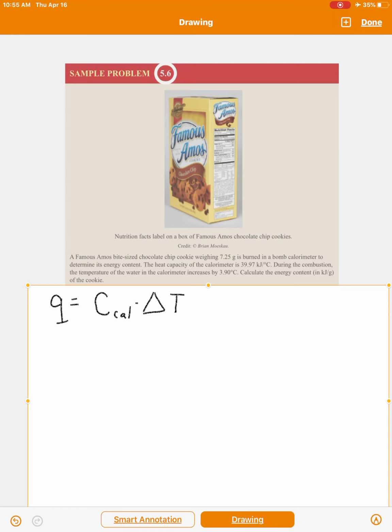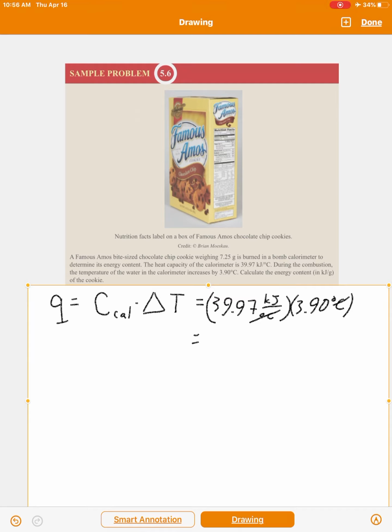They give us the heat capacity of the calorimeter. So that means that the heat that is absorbed by the calorimeter from the combustion of the cookie is equal to the heat capacity times the change in temperature. So they give us some values here. They tell us the change in temperature is 3.90 degrees C, and they give us the heat capacity, 39.97 kilojoules per degree C. And our change in temperature is 3.90 degrees C, right?